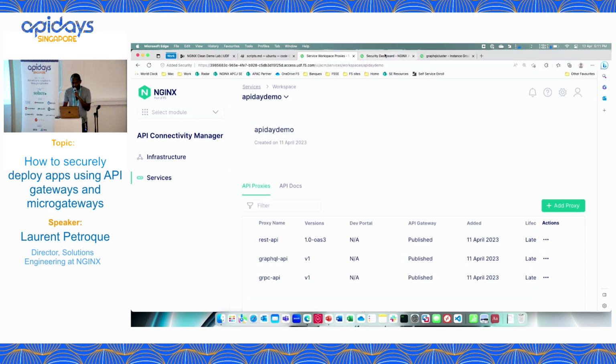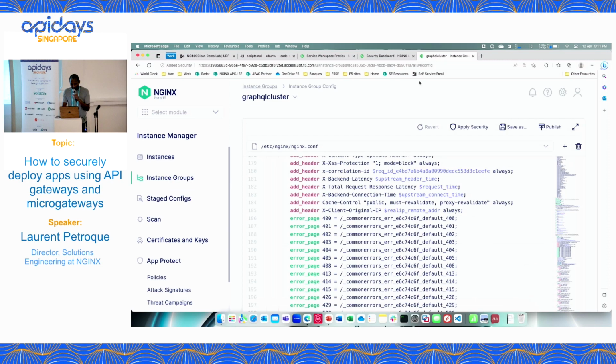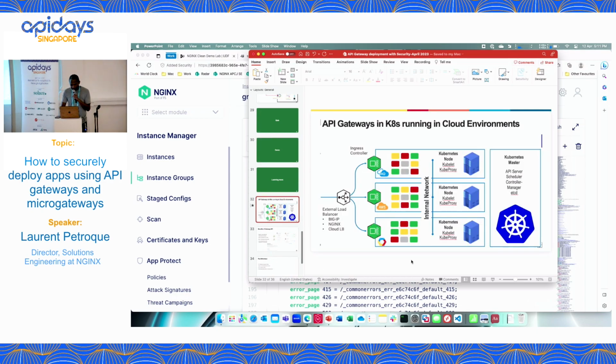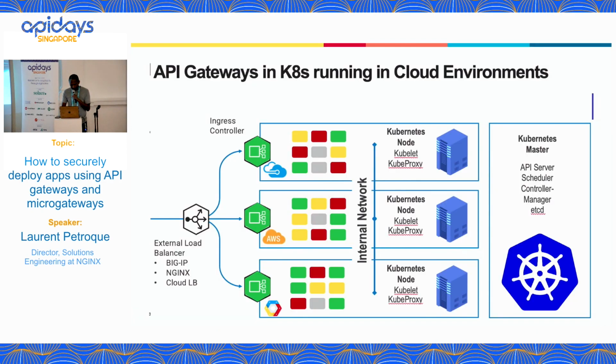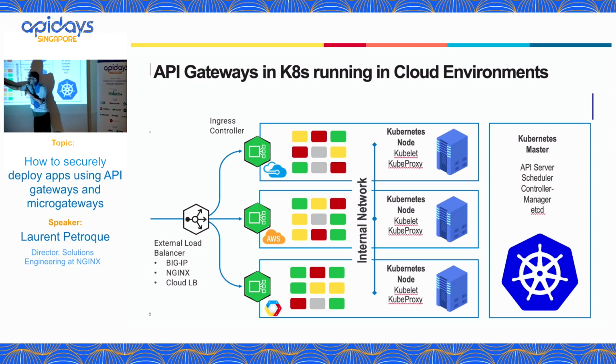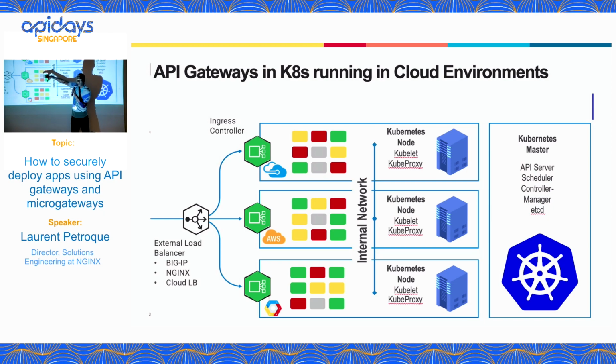But let's say that we want to go a little bit further with those APIs. You would understand that that's interesting. I would manage my API on a VM, for instance, and my API gateway on a VM, and make sure that the infra folks would divert the traffic to my Kubernetes environment.